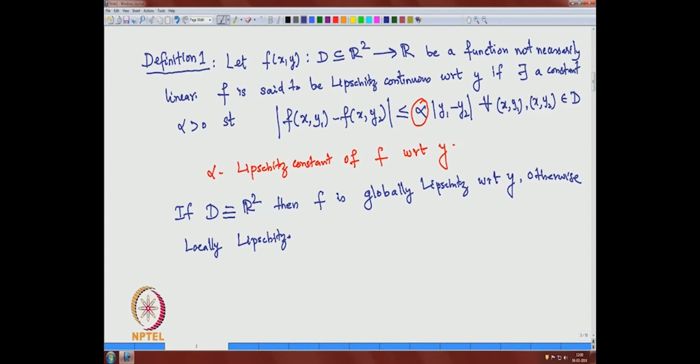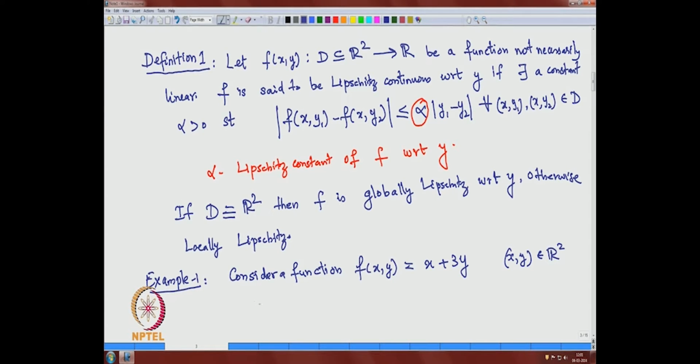Now, let us see an example. So, example 1. Consider a function f of x y which is given by x plus 3y, where x and y are on the entire R2.